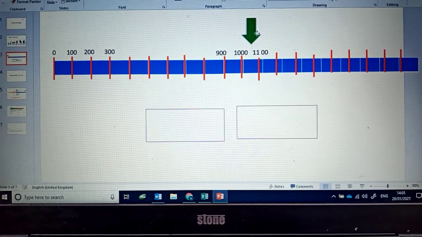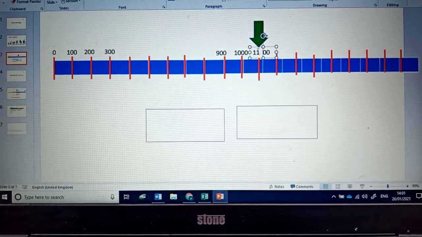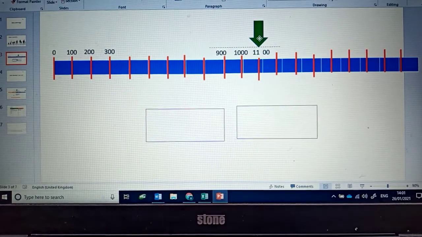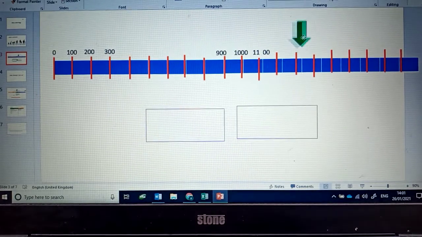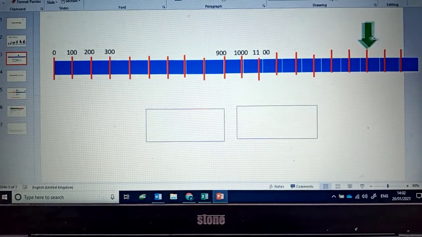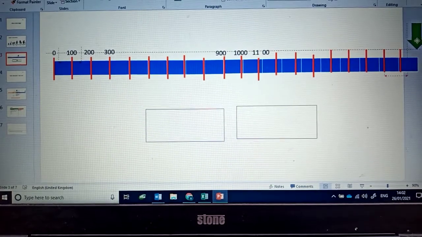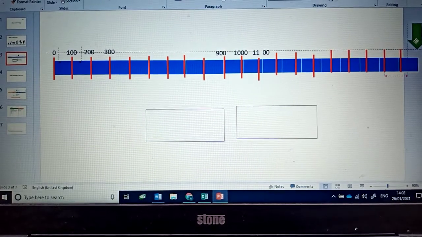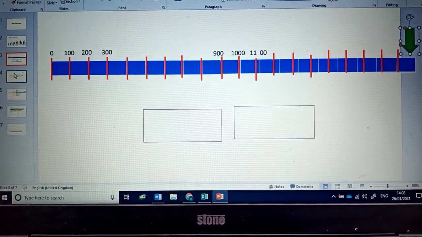And when we get to 1100, we say it in a funny way. We split it up into 1100. So after 1100, there would be 1200, 1300, 1400, 1500, 1600, 1700, 1800, 1900, and the year 2000. Okay, so it's a strange thing, but we just got to get used to it.